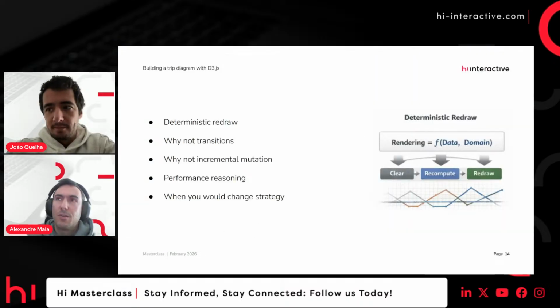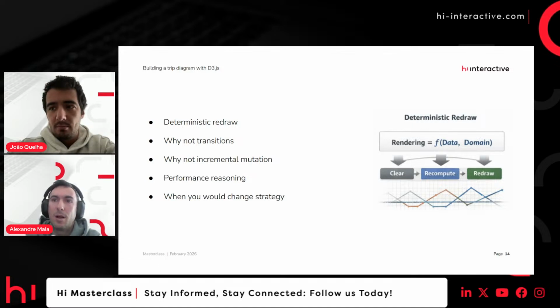We could consider some transitions, but we didn't go for it. Although D3 provides powerful transition capabilities, those transitions require updating multiple elements individually and synchronizing them. It would just add more complexity here. Also, another common approach would be incremental mutation, only modifying attributes instead of rebuilding the whole chart, but that would be for a larger data set.